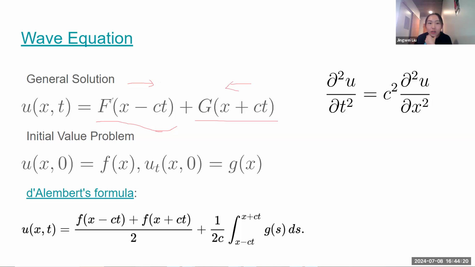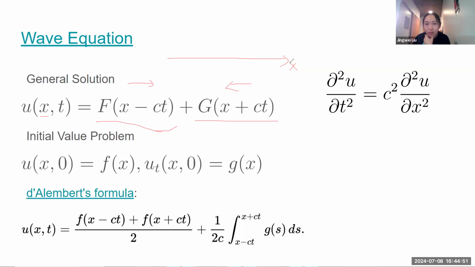So f and g are arbitrary functions. So for any wave equation, we can decompose this wave into two sound waves, one traveling to the right and one traveling to the left. So this is a one-dimensional sound model. This is one-dimensional because there is only x. There is no y or z.